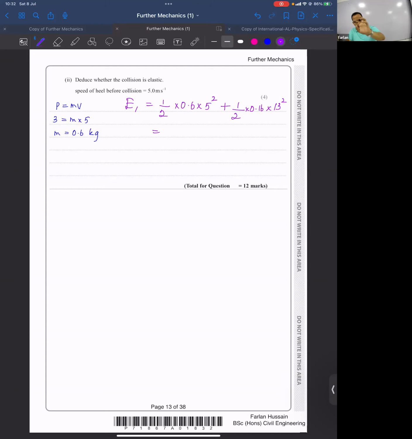This is the total kinetic energy of the heel and the ball before the collision.